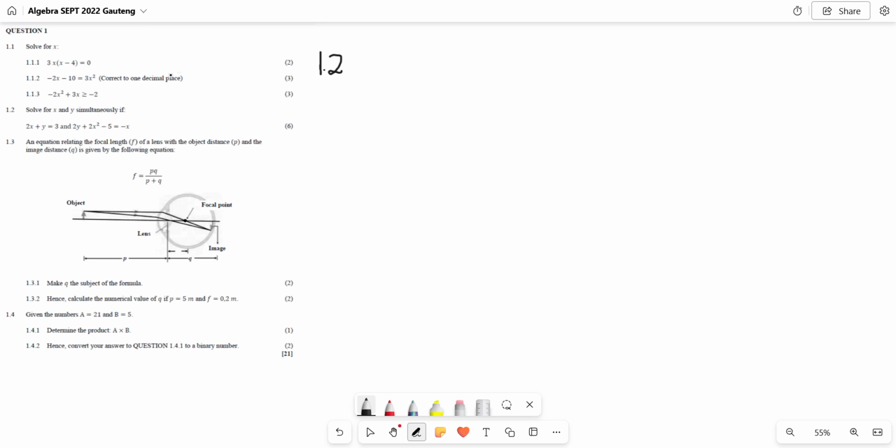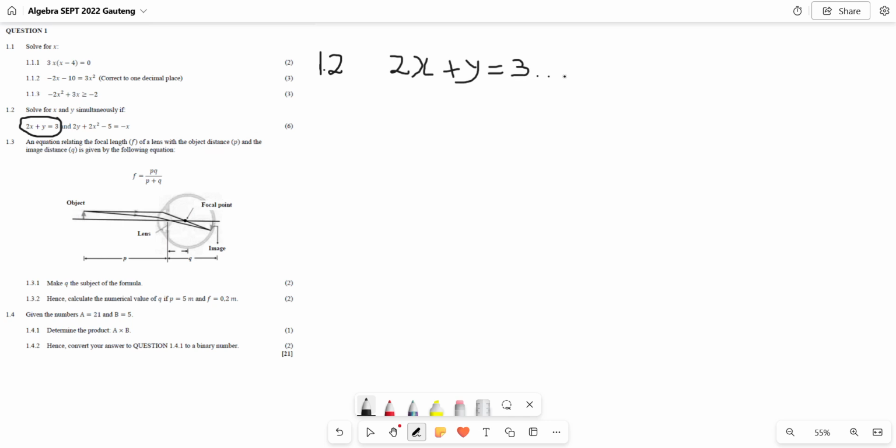Now, let us write our equation. The first equation that is given to us is this equation. We are going to write that equation first to say we are having 2x plus y, that is equal to positive 3.